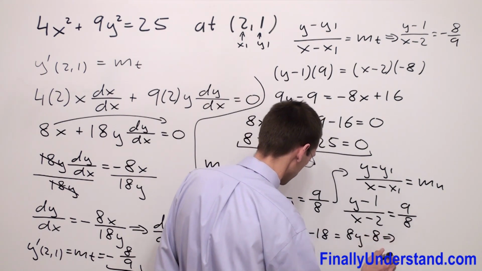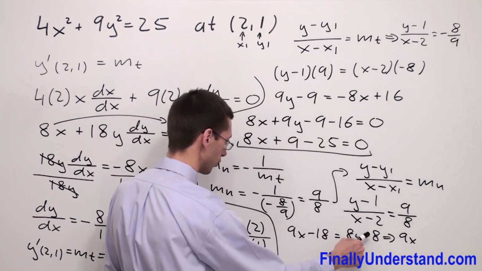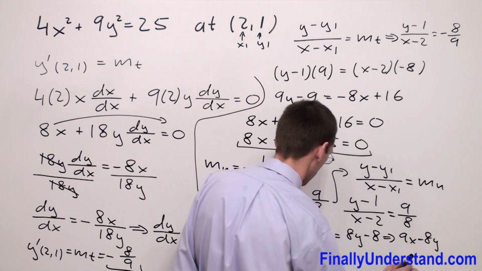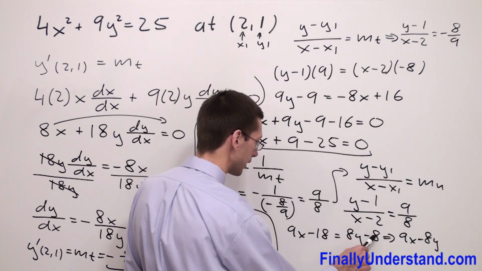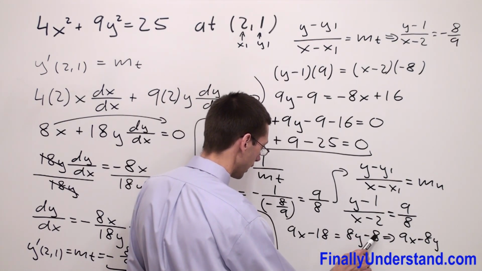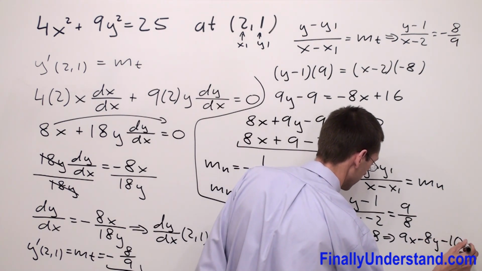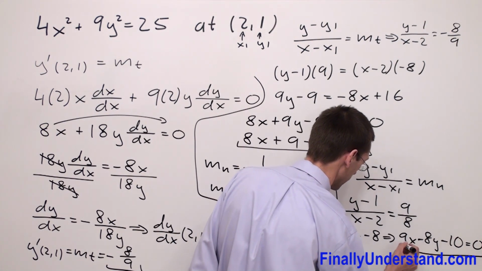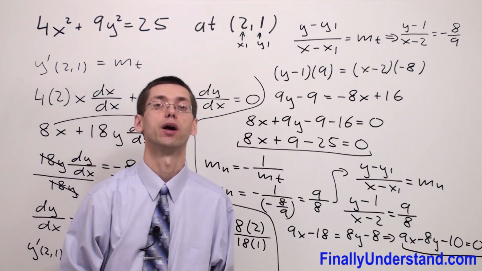I can rewrite this as 9x, and I'm going to move everything from the right side to the left, minus 8y, negative 18 plus 8 is equal to negative 10, and everything is equal to 0. And this is the equation of the normal. So I can say that the problem is solved.